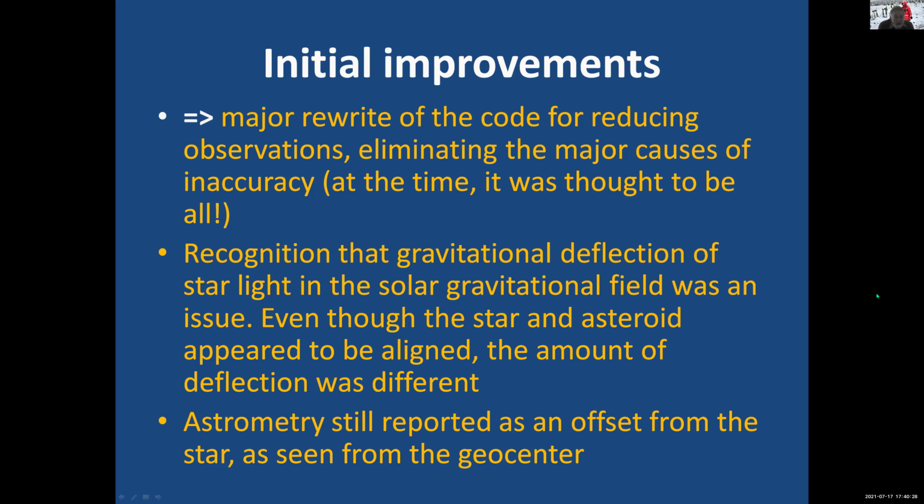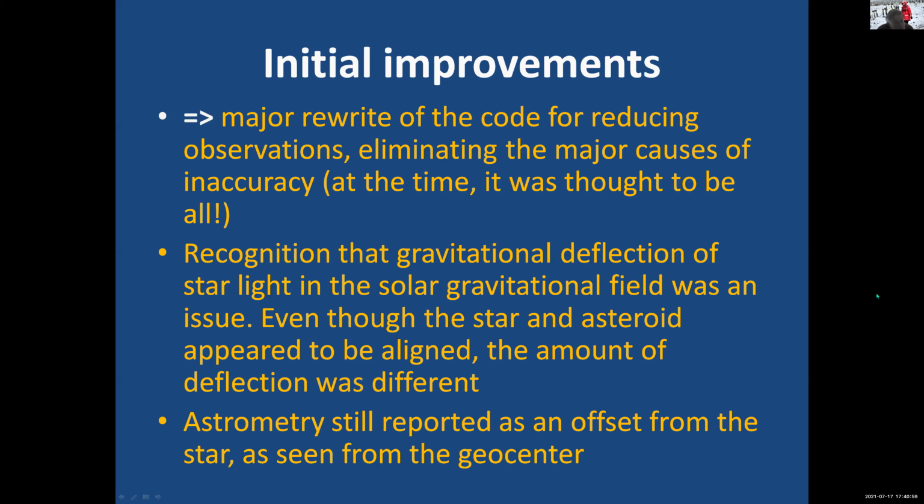And at the time, I thought I'd removed all the causes of inaccuracy. I thought I'd removed everything. But as we know, when you think you've done everything right, there's always something new to find to prove yourself wrong. In all of that process, there was a recognition that gravitational deflection of the starlight in the gravitational field was an issue.